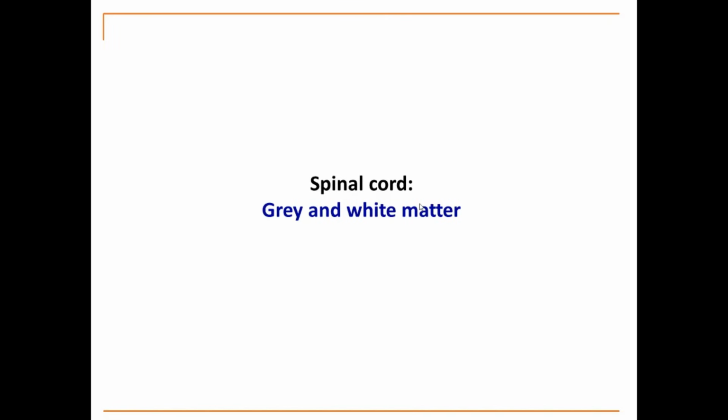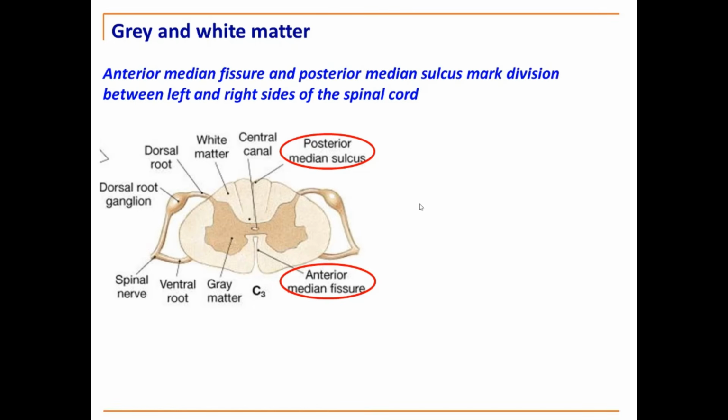So now we're going to look at the grey and white matter in a little bit more detail within the spinal cord itself. So we've already mentioned the anterior median fissure and the posterior median sulcus. So the anterior median fissure and median sulcus, they mark the division between the left and right sides of the spinal cord.